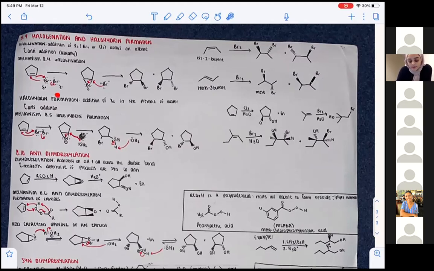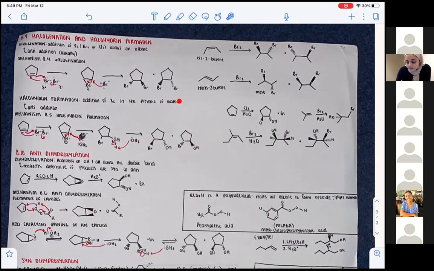So over here, what's happening is we form this nice little bromonium ion or something like that. This intermediate is called something weird. And then over here we have anti-addition.